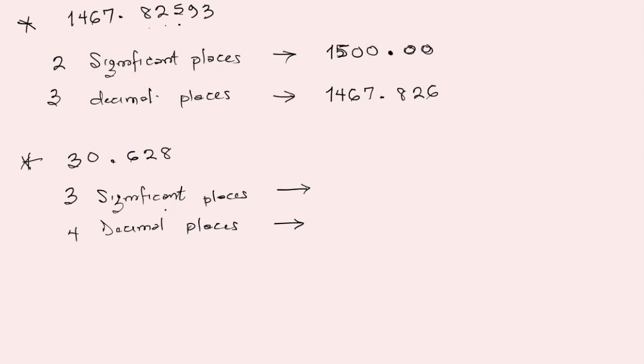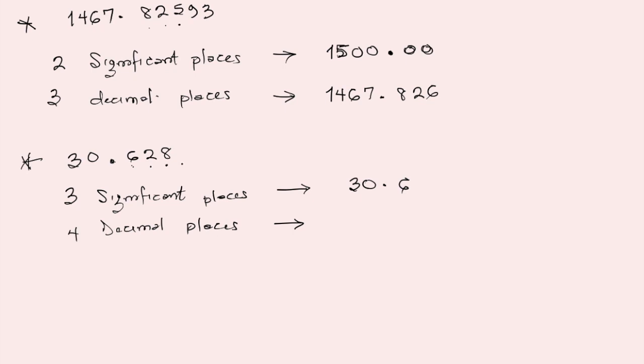So 3 significant places is going to be, counting from the first non-zero number, which is 3, 1, 2, 3. So the number in 3 significant places is going to be 30.6. 2 is less than 5, so we cannot round 6 up. In 4 decimal places, counting after the decimal place, 1, 2, 3.